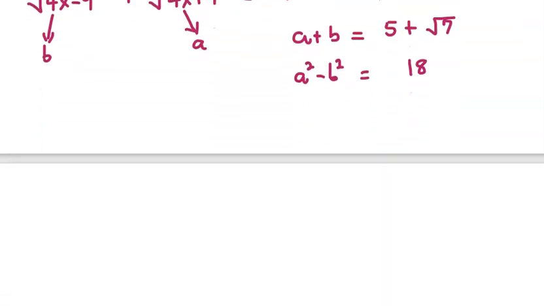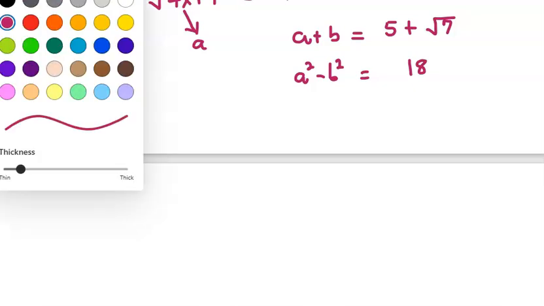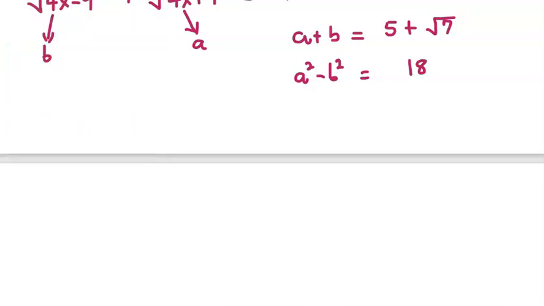Now if you look at the left hand side of this equation, you will observe that we have the difference of two squares, right? Which can be factorized as A plus B multiplied by A minus B, and this is equal to 18. Now we're going to substitute the value for A plus B, which is 5 plus root 7.